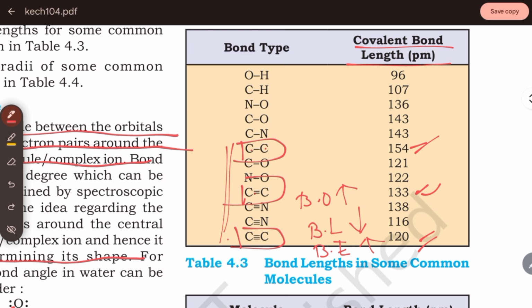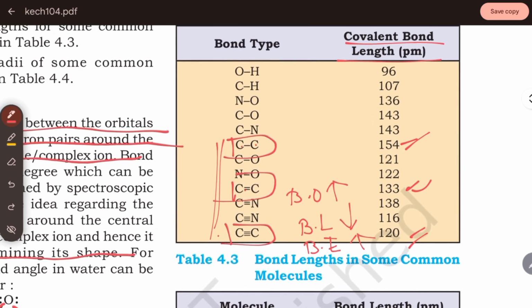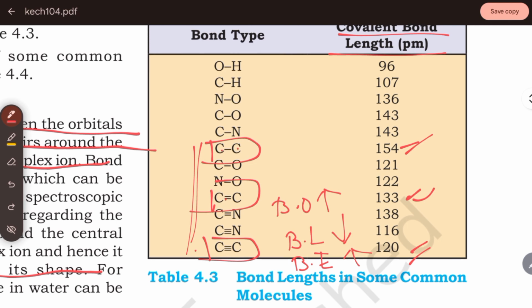Again, mark my words: the carbon-carbon single bond has a greater length than the carbon-carbon double bond, then the carbon-carbon triple bond. Now bond order increases from a single bond to a double bond to a triple bond. For that reason, the bond enthalpy, the energy required to break the bond, will be greater when the bond order increases.